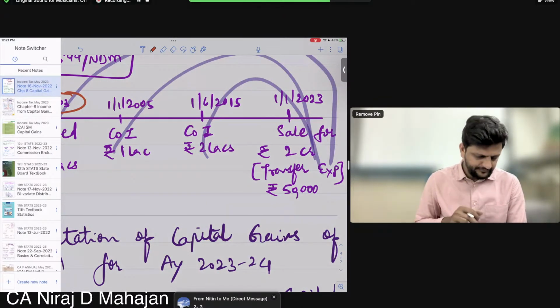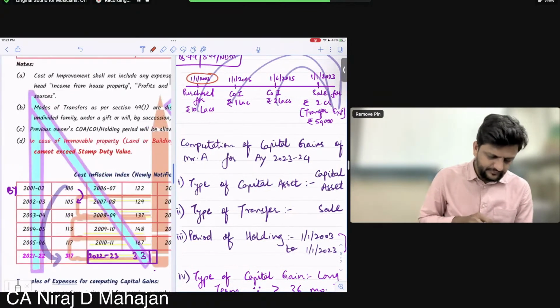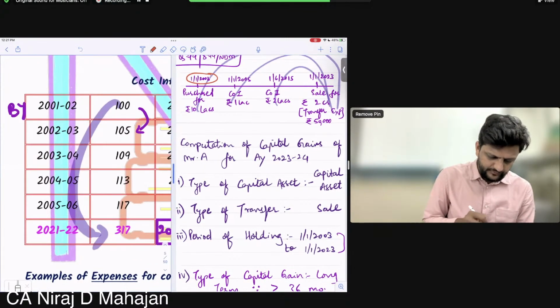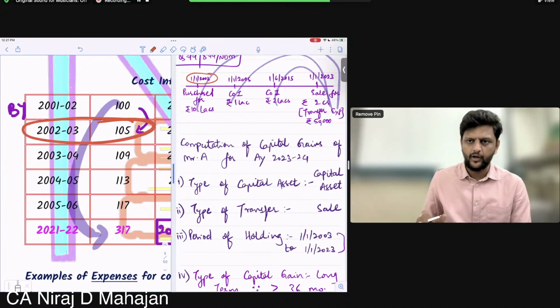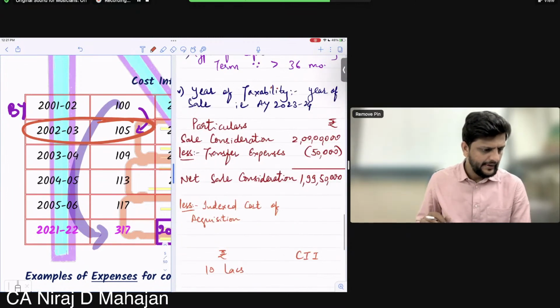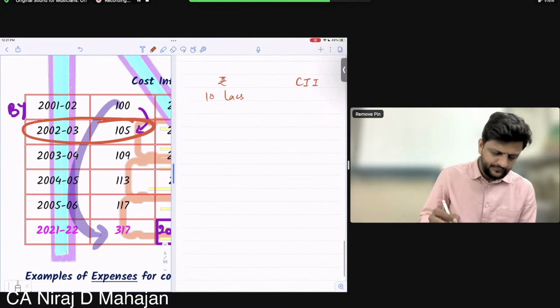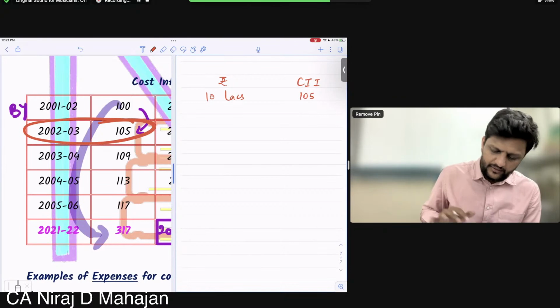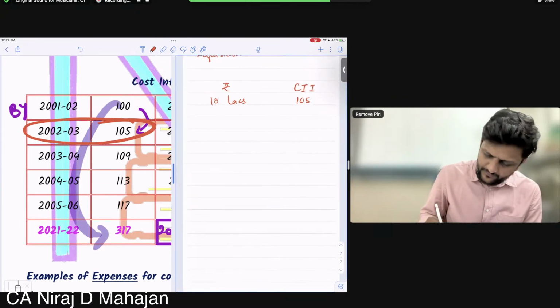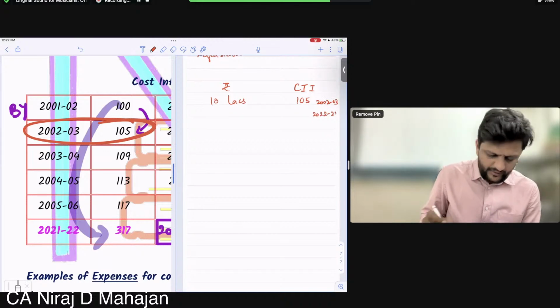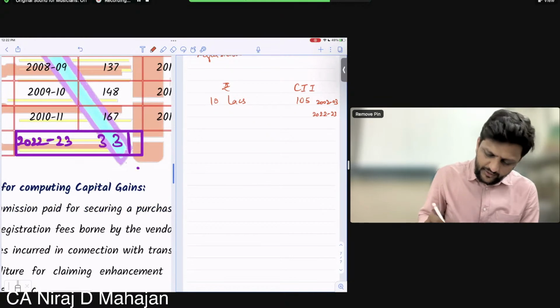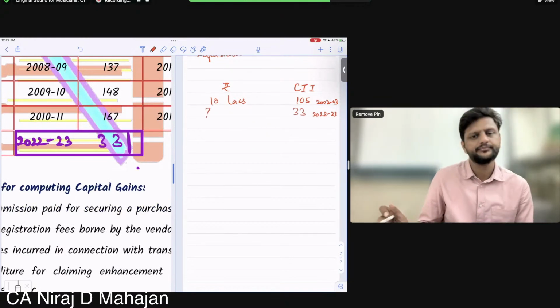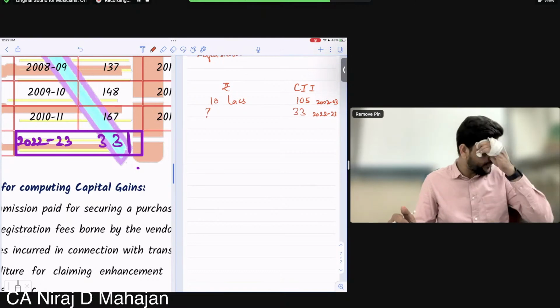So CII of 23 is 105. Still everybody? I hope you understood till here. And I have to bring it to the current year. I'm just writing the year 2023. I have to bring them to the current year 22-23. And what is my CII for the current year? 331. Are you getting my point or no? Everybody tell me quickly.